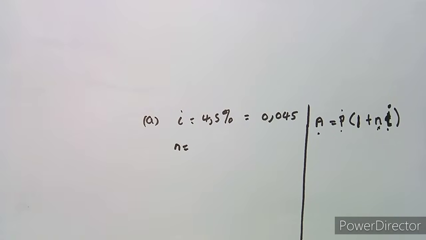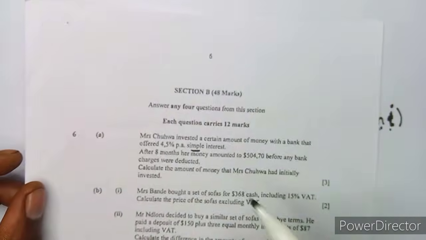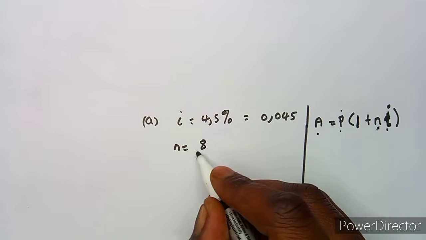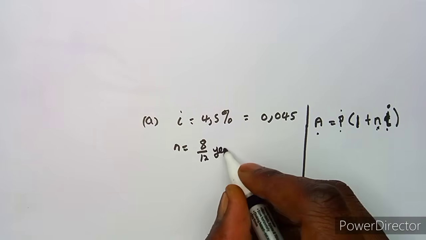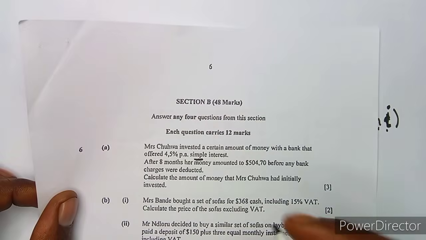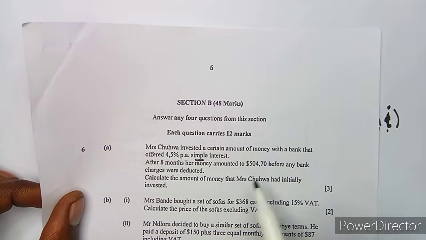In this case we have how many years, guys? We've got 8 months. So 8 months in years is 8 over 12 years. It's now in years, because remember in a year we've got 12 months.